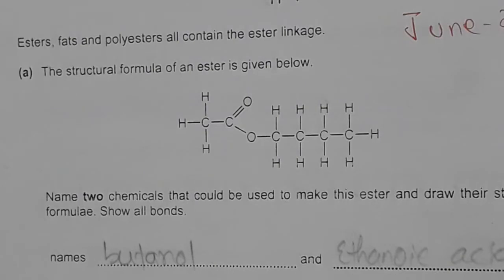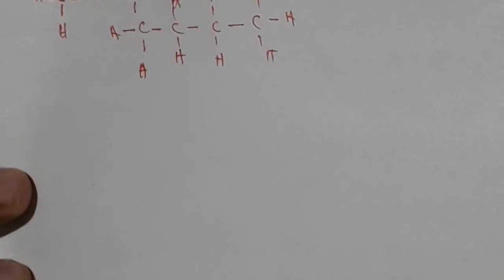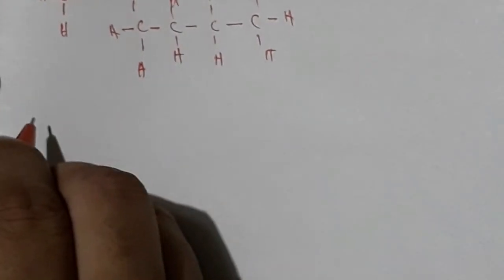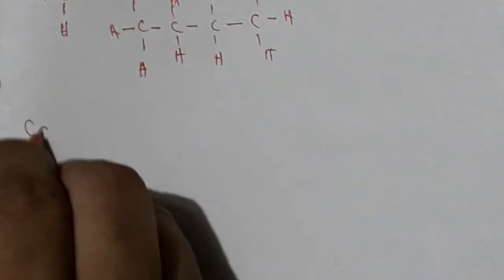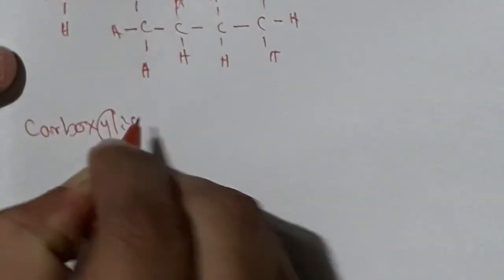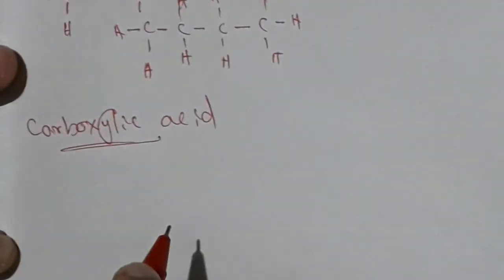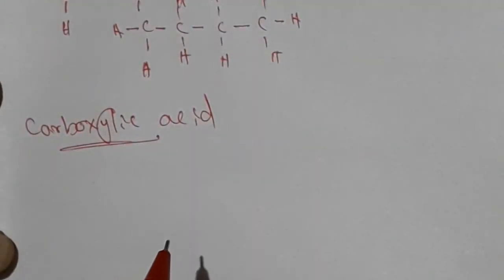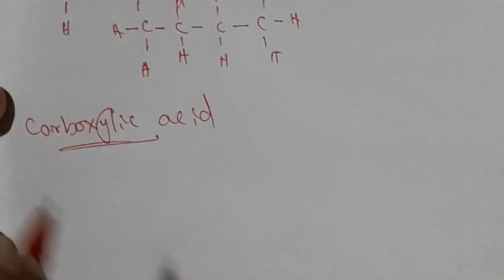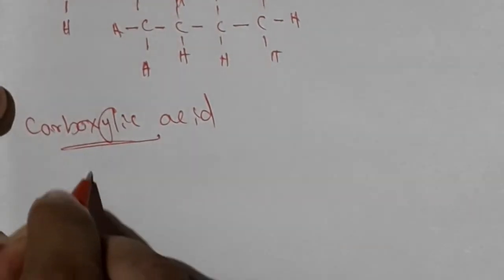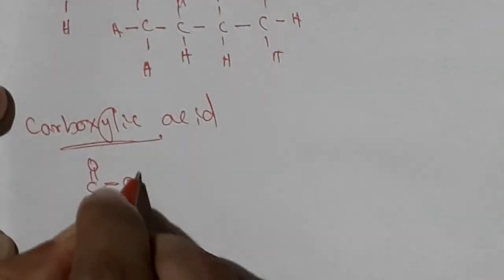Okay, before answering this question, you just understand the basic idea about carboxylic acid and ester. First one, carboxylic acid. Here, the functional group of carboxylic acid is carbon double bond oxygen, single bond OH.